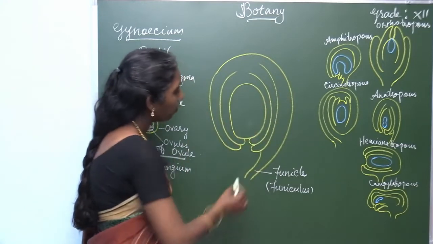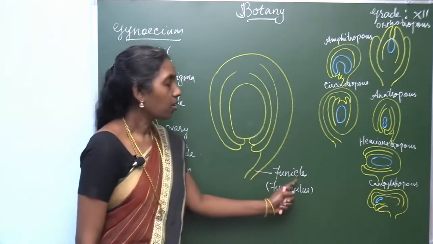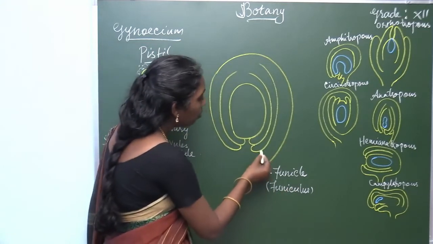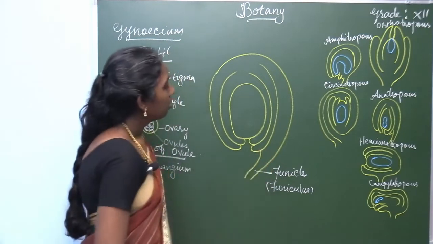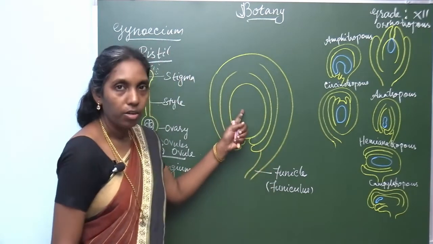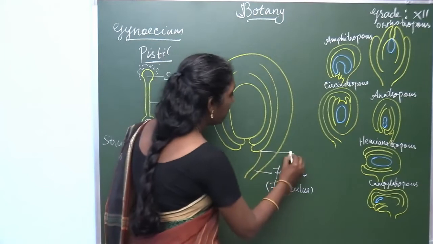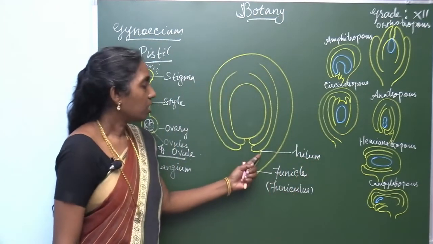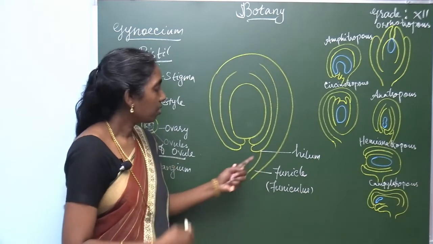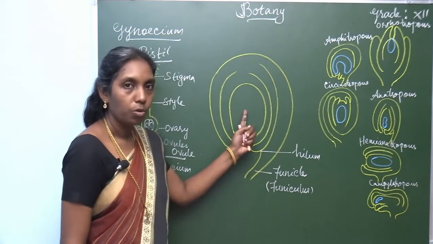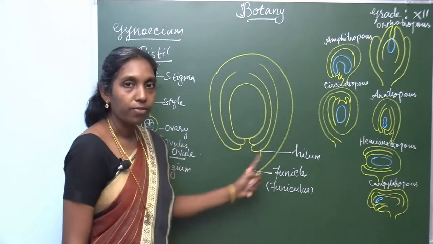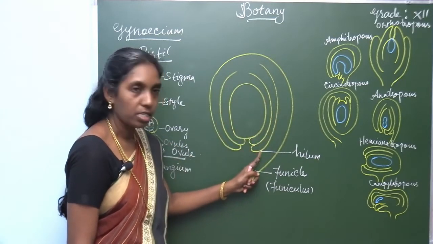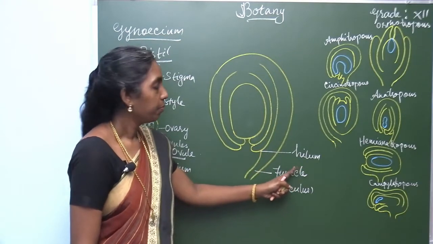The region which connects the stalk with the body of the ovule is called hilum.